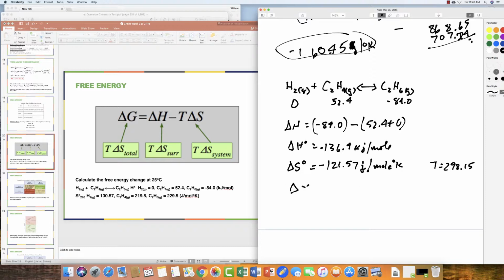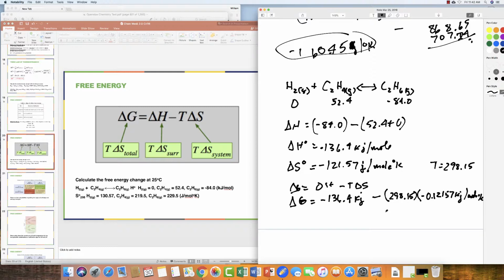So delta G is going to equal delta H minus T delta S. So delta G is going to equal minus 136.4 kilojoules minus 298.15 times, and we can move this over 3 spaces to make it kilojoules, a minus 0.12157 kilojoules per mole degree Kelvin.